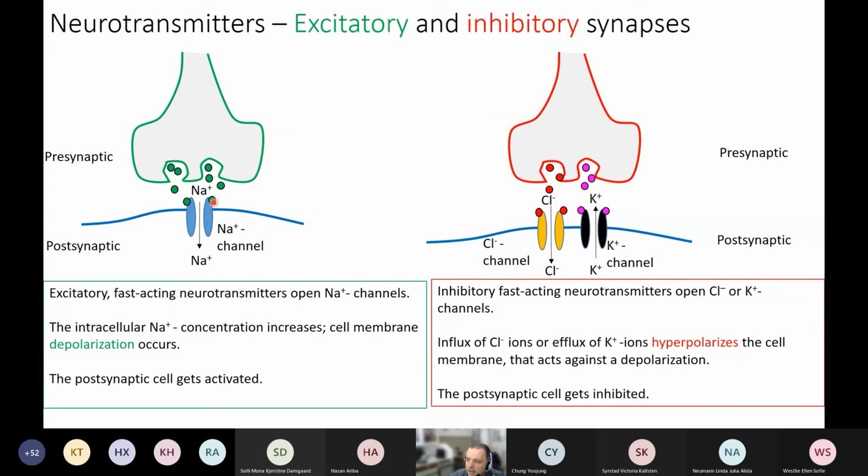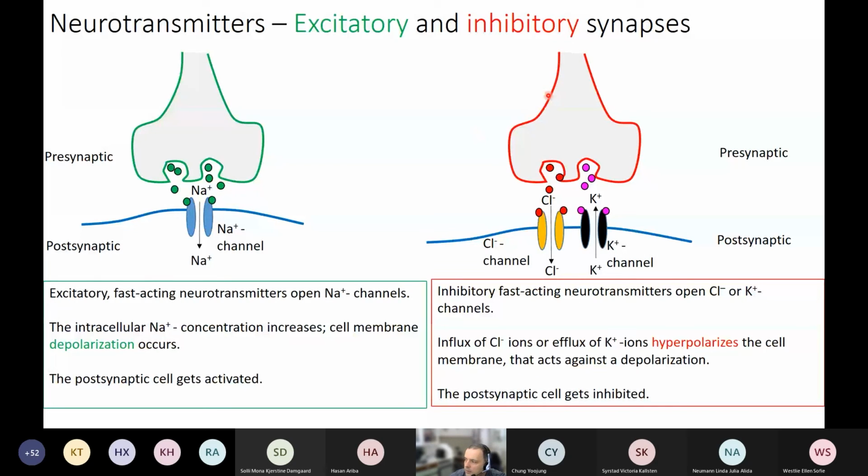And if they are ion channel linked receptors and they are fast-acting neurotransmitters, they will open sodium channels, and the sodium influx will depolarize the cell membrane, which will eventually form an action potential, and that means that the postsynaptic cell gets activated. So this is how the excitatory synapse works.